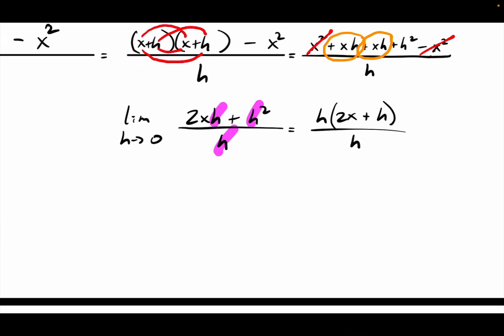Okay, h's cancel out because they're both monomials now. So now I get the limit as h approaches 0 for 2x plus h. Now plug in 0 for h. What do you get? 2x.